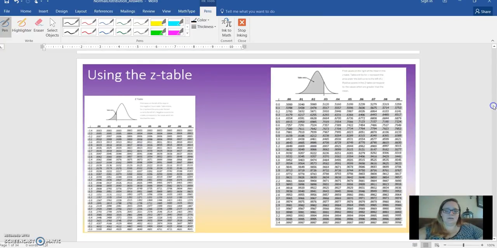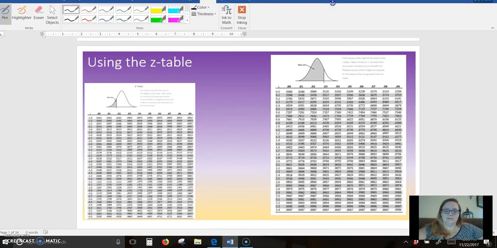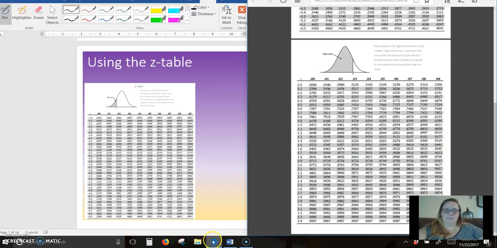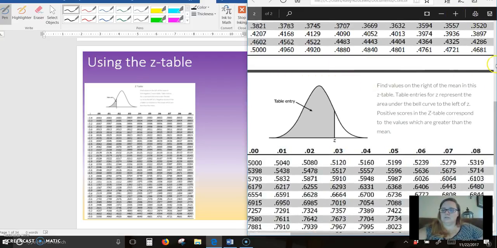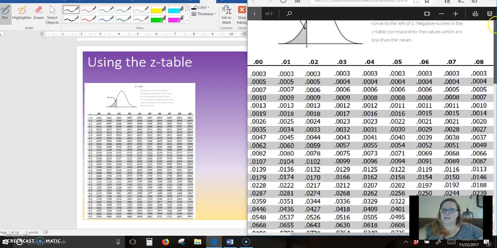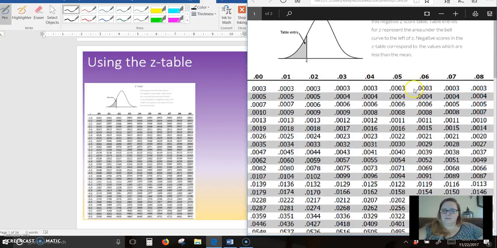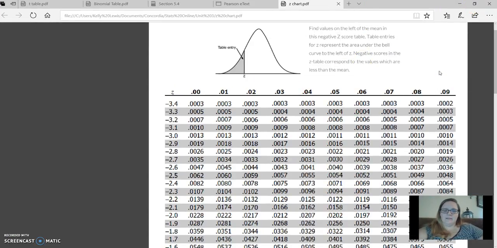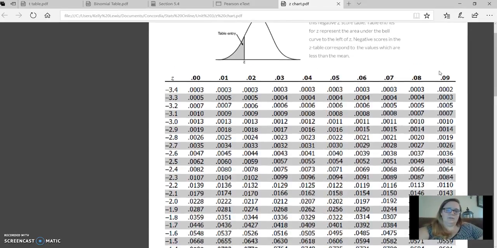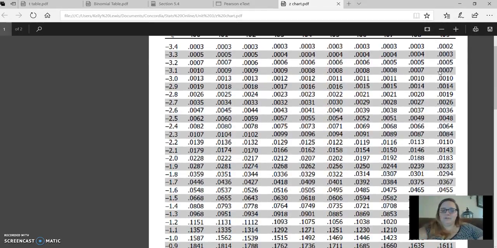All right, so there's a thing called the z-table. I want us to look at it. It is located in the course. So notice a couple of things. So right here, those are negative numbers.